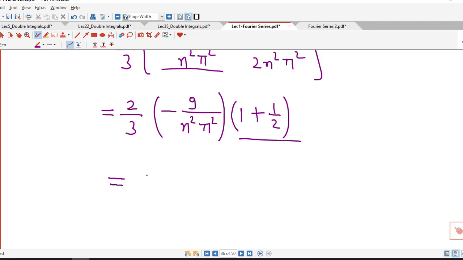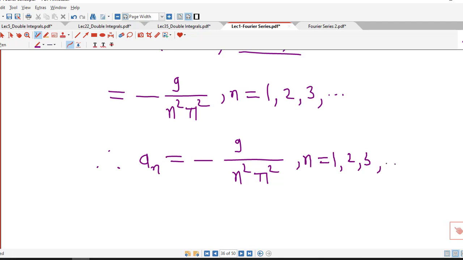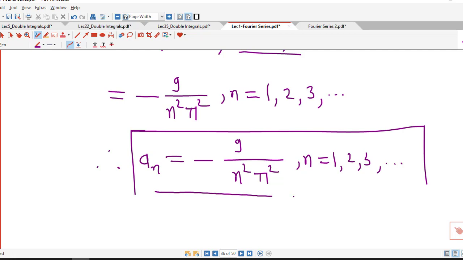That will cancel out this 2 by 3, and we have minus 9 divided by n square pi square as coefficients an. So therefore Fourier coefficients an are given by an equal to minus 9 divided by n square pi square, n equal to 1, 2, 3 and so on. So these are the Fourier coefficients an.